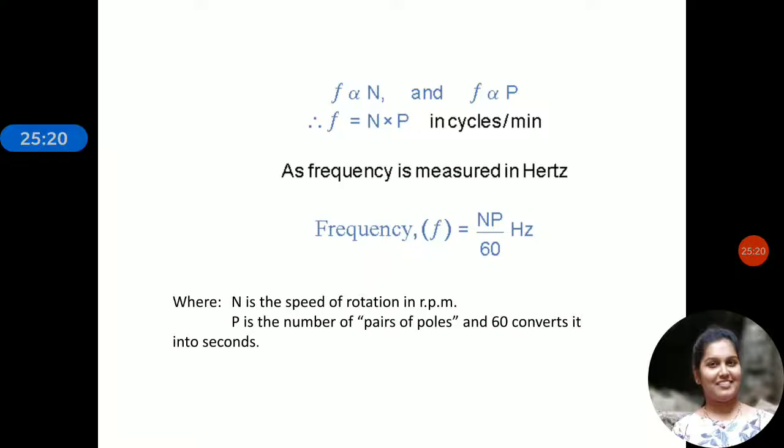As frequency is measured in hertz, we can write frequency F is equal to NP divided by 60 hertz. N is the speed and P is the number of pairs of poles. I have divided it by 60 because 60 converts the minutes value into seconds.